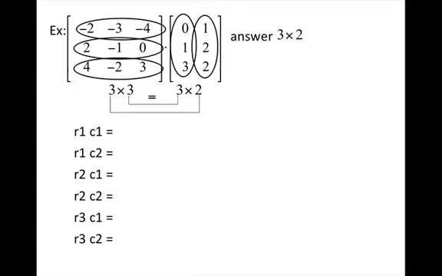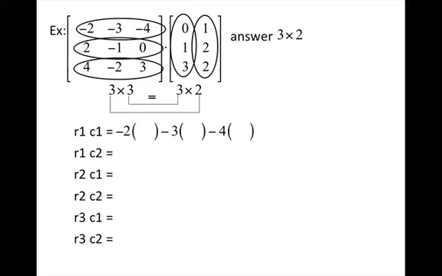In each case, I'm going to list my row numbers followed by parentheses. So row 1, I have a -2, a -3, and a -4, and place a parenthesis after each one of those numbers. I'm going to fill the column numbers into the parentheses.